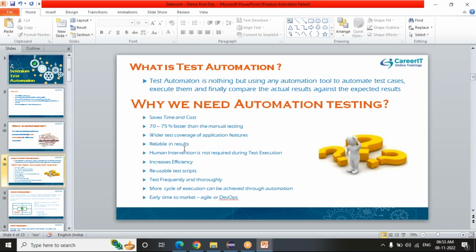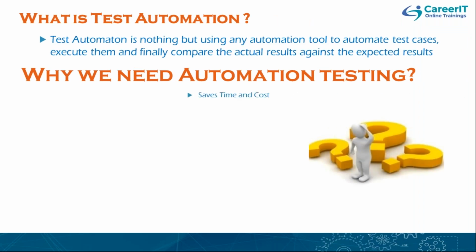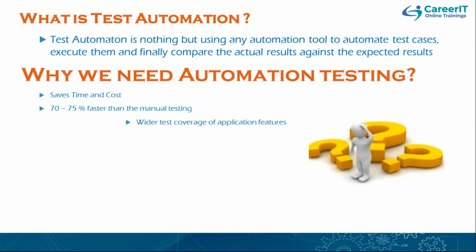You will get the report at the end of your automation, and you can share that report with the development team. Or else, we have an option in automation testing where you can take a screenshot whenever any test case fails.